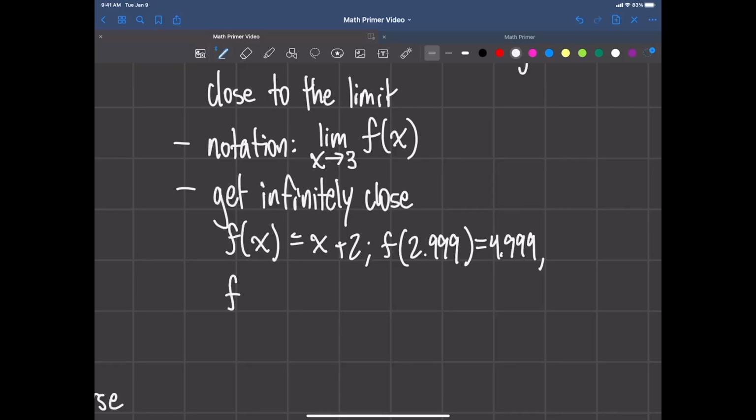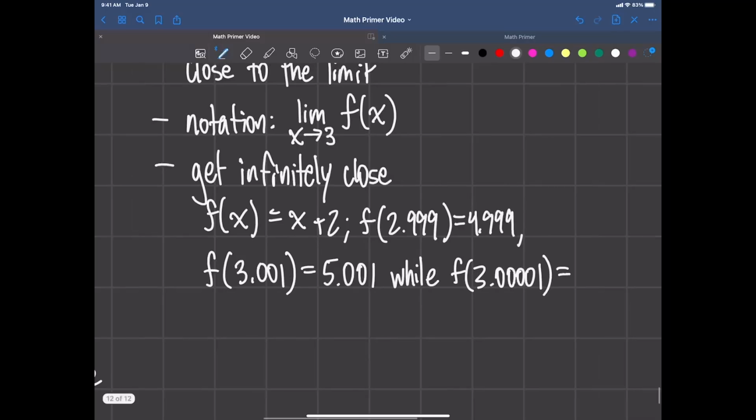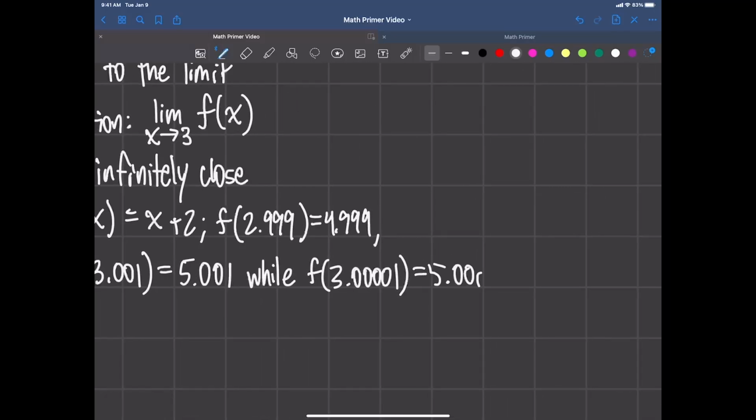Since we want to get infinitely close to 3, but not exactly 3, in case there isn't a value at 3 or the value of 3 is somewhere else. The f of x when x is 3.001 is 5.001, while f of 3.00001 is equal to 5.00001.